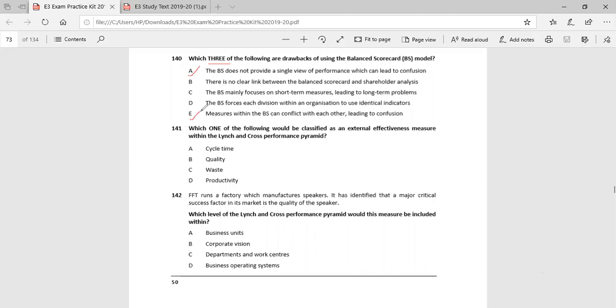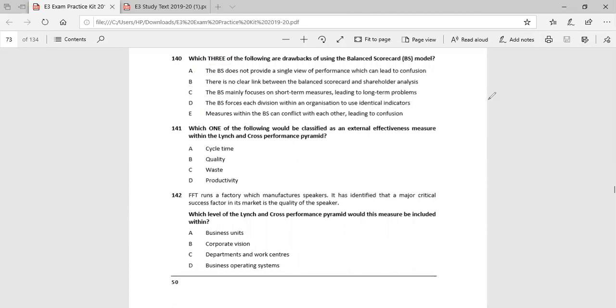Do you say B? There is no clear link between balanced scorecard and shareholder analysis. That is the right answer, because the balanced scorecard is understanding various perspectives and how to improvise on those perspectives, not focusing on maximizing the shareholder's value. Therefore, it doesn't go with the shareholder analysis.